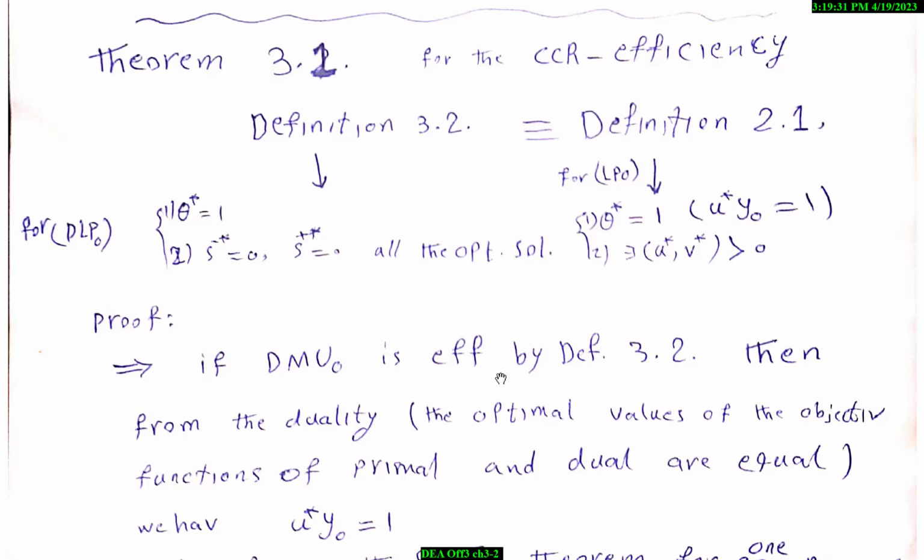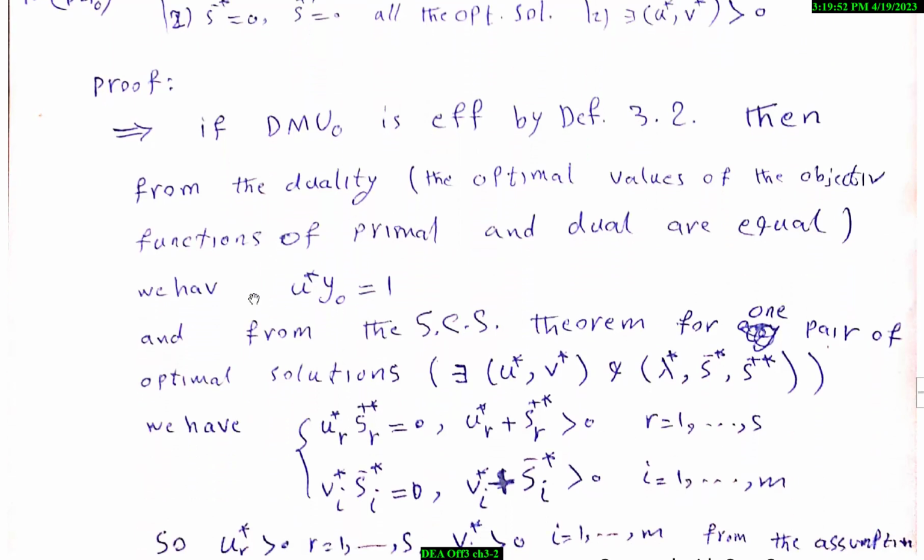If DMUO is efficient by definition 3.2, then its optimal value is 1. So from duality, which says the optimal values of the objective functions of primal and dual are equal, we also have, I should write E here, the optimal objective function value of the dual should also be 1.